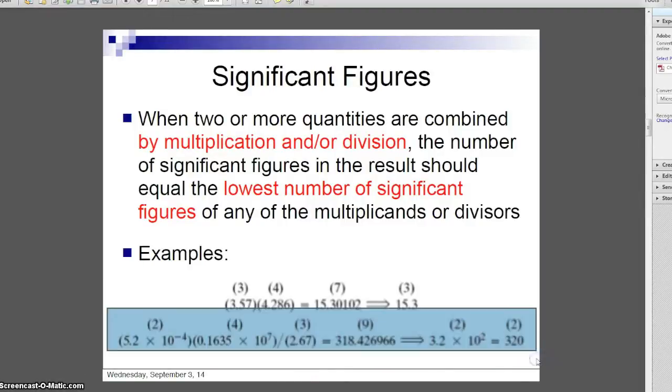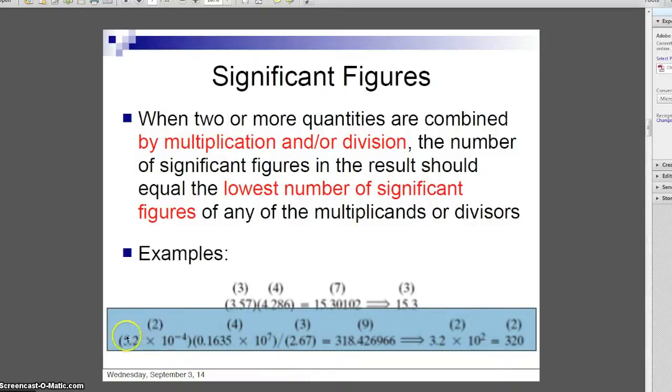That's a long one. So this is both multiplication and division. Anyway, let's move on. So it's 5.2 times 10 to the power of negative 4 times 0.1635 times 10 to the power of 7 divided by 2.67.